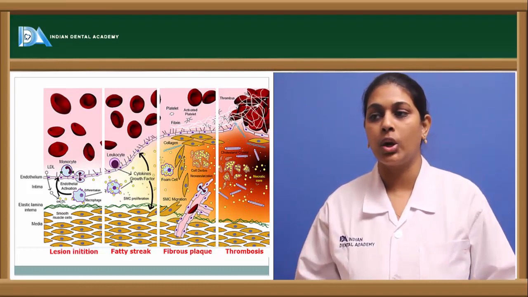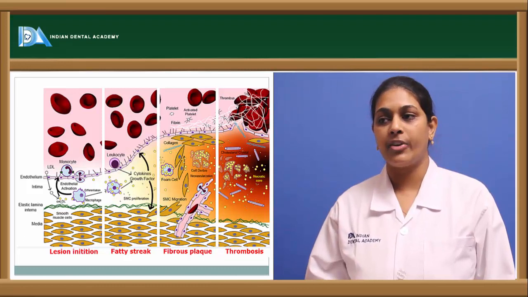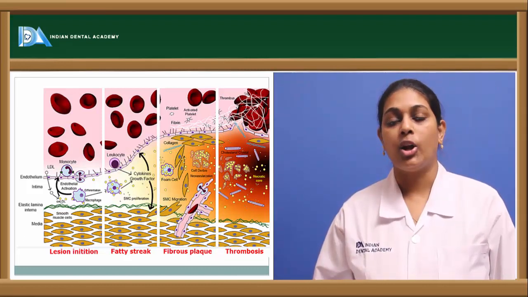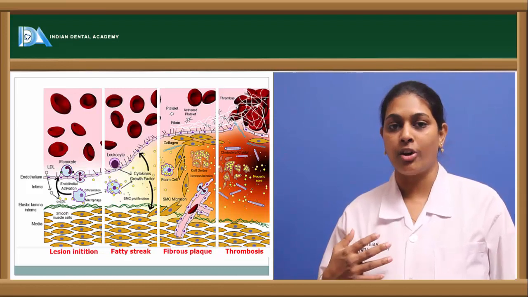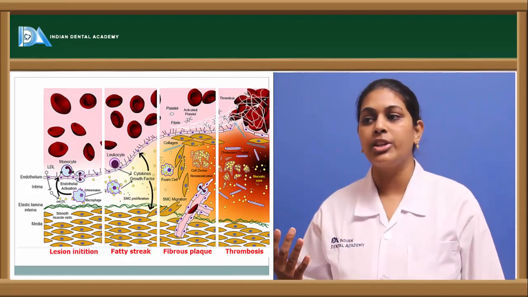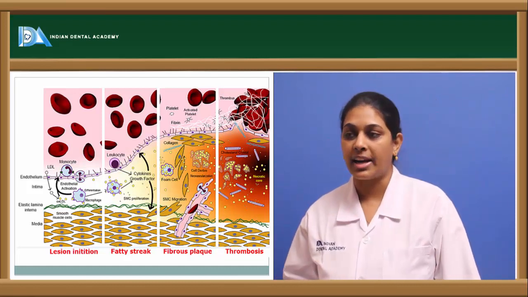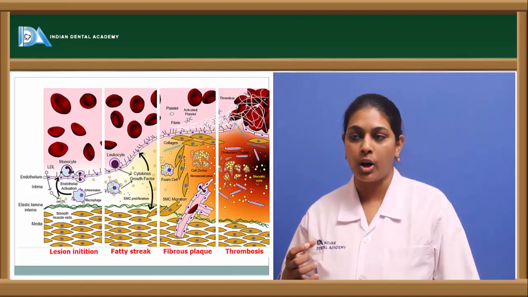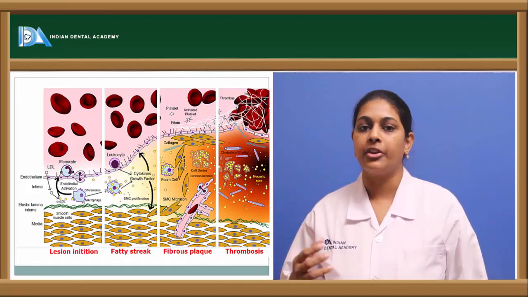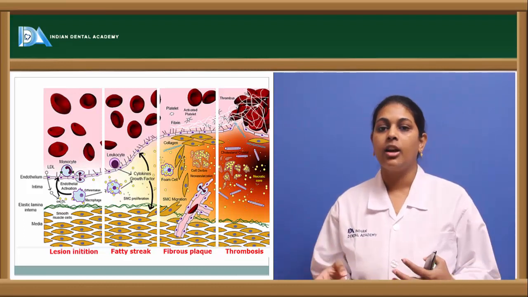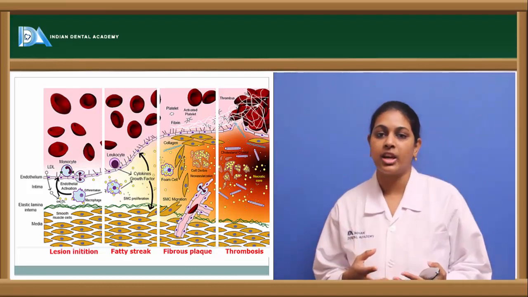This oxidized LDL has an effect on monocytes, that is, it might cause endothelial activation, and also helps in differentiation of the monocyte into a macrophage. This macrophage releases certain cytokines as well as growth factors, which in turn cause smooth muscle proliferation and also help in adherence of the leukocyte to the endothelium. So this is what results in fatty streak formation.